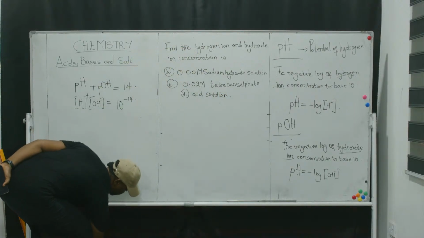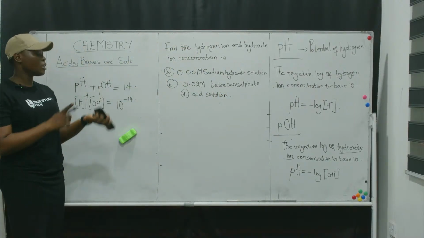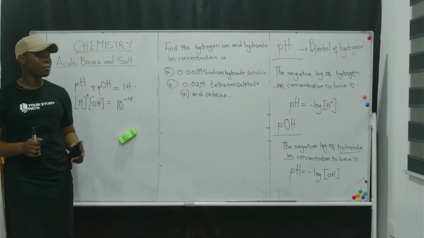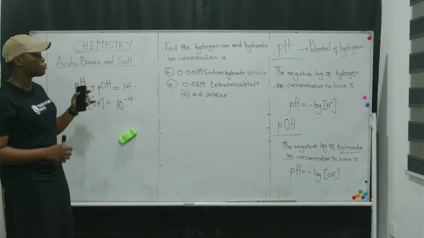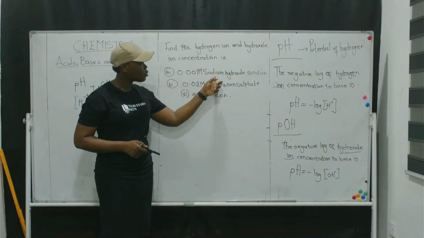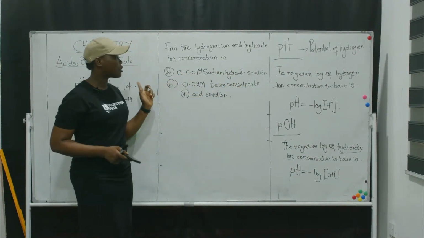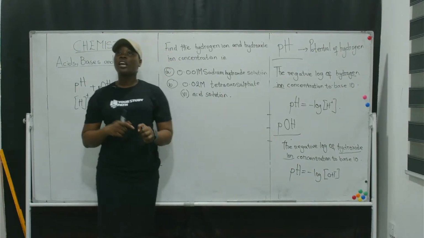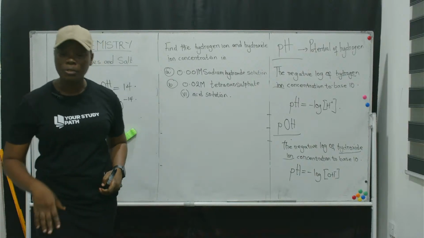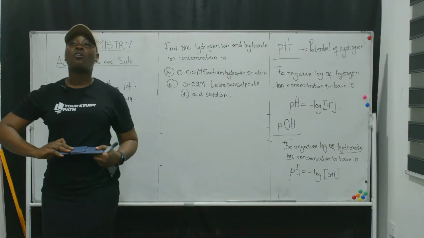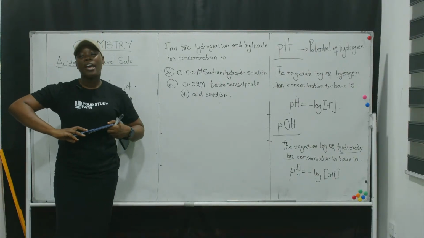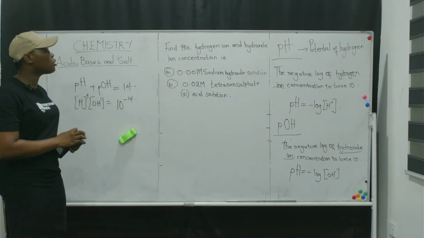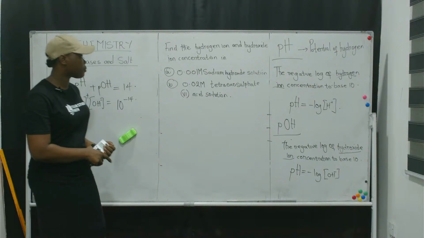Okay, so let's work with this. I am told to find the hydrogen ion and the hydroxide ion concentration. In A, we are given sodium hydroxide; in B, tetraoxosulfatic acid solution. In a particular class, I made mention that if you cannot convert the name of an acid or any compound given into its chemical formula, there's no need to continue because you will not know how to go about it.